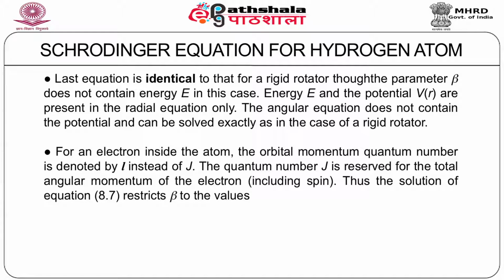For an electron inside the atom, the angular momentum quantum number is denoted by L instead of J. The quantum number J is reserved for the total angular momentum of the electron, including spin. Thus, the solution of the angular part of the equation restricts the value of beta to L(L+1), as in the case of a rigid rotator.